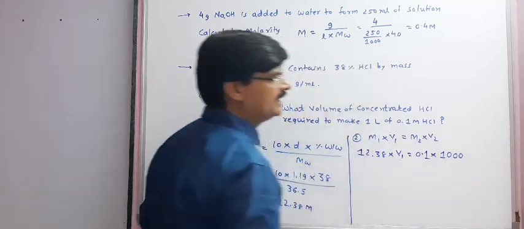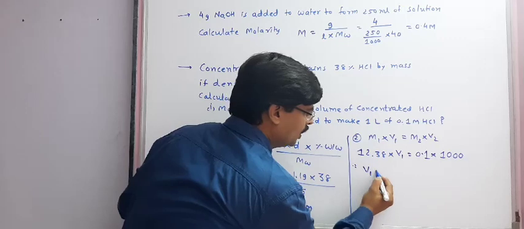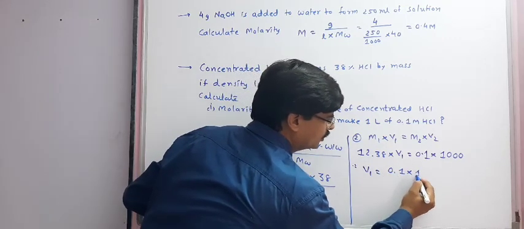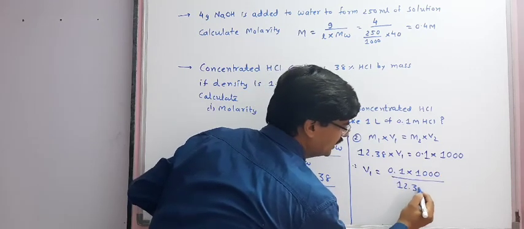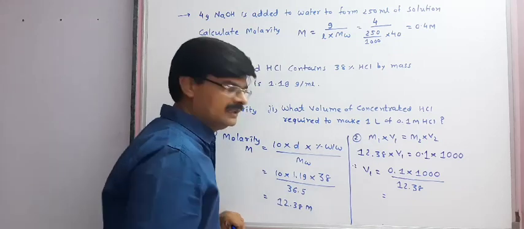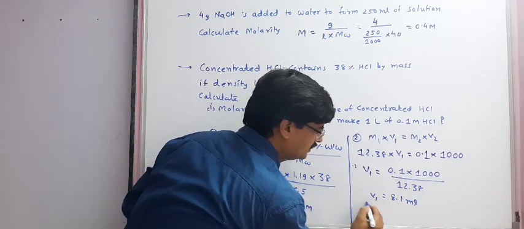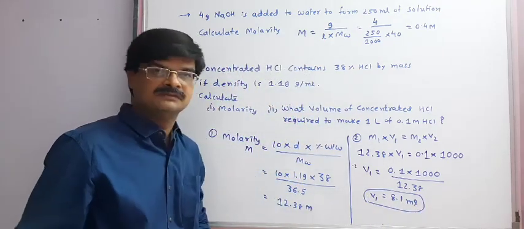If we write it in ml, we can write 1000. Therefore, volume is equal to 0.1 into 1000 divided by 12.38. We will get 8.1 ml. So V1 is equal to 8.1 ml.